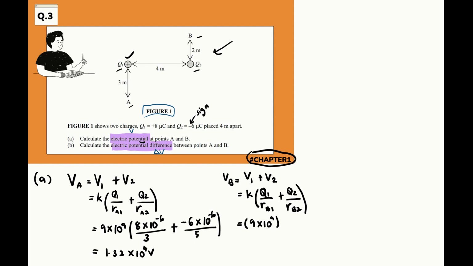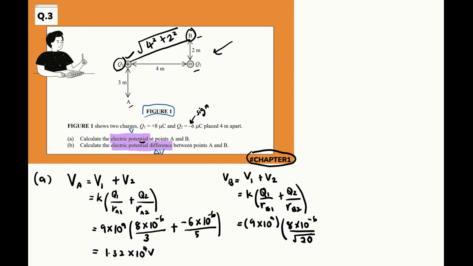10 to 9, so 8 times 10 to negative 6 over, this time our distance is a square root. Basically we want to find the distance from charge number 1 to point B. So it's supposed to be the square root of 4 squared plus 2 squared, which is equal to square root 20.